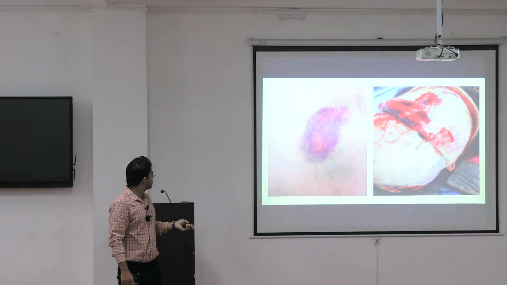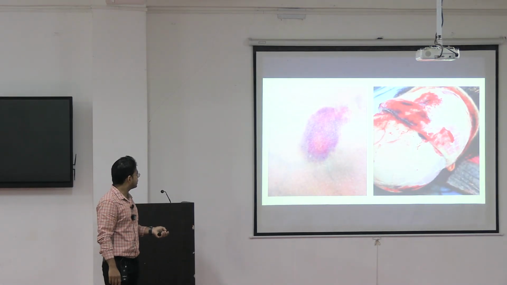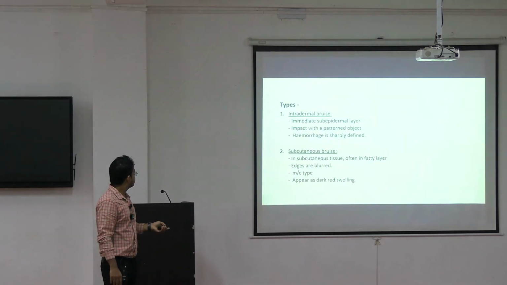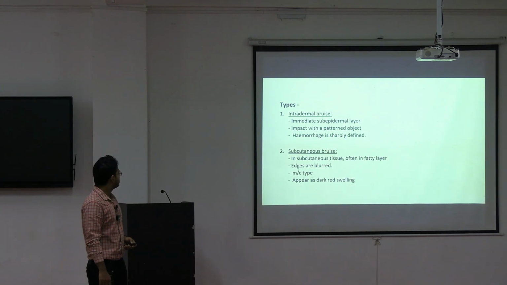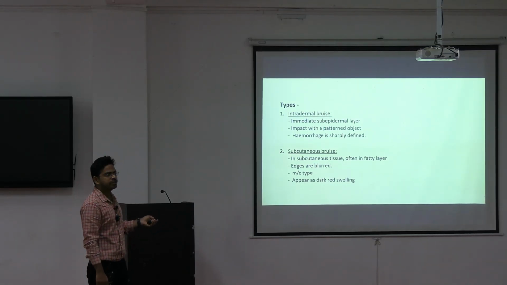So these are two pictures of bruise. You can see here it's clearly demarcated in this case, whereas here the margins are not demarcated clearly, a bit irregular. So you see the types: intradermal bruise, where hemorrhage is sharply defined. That is the main point here.